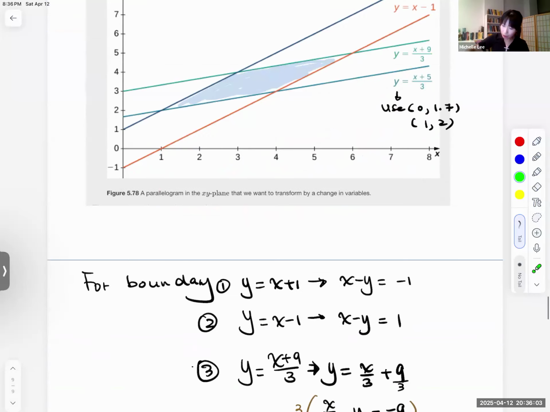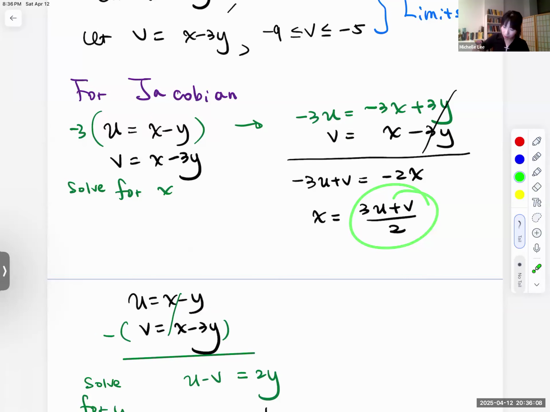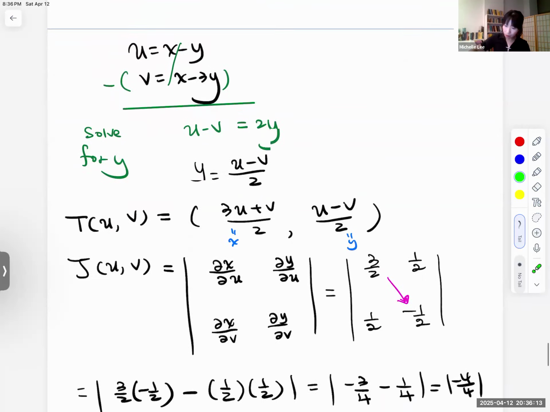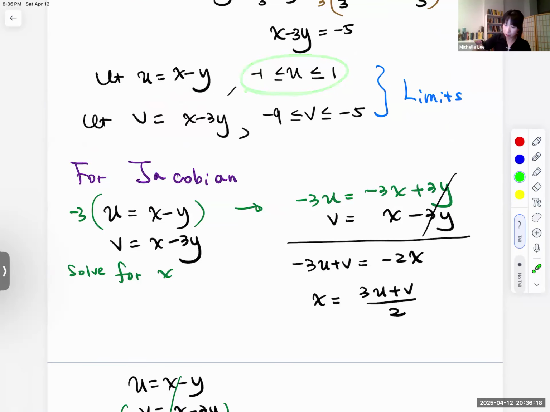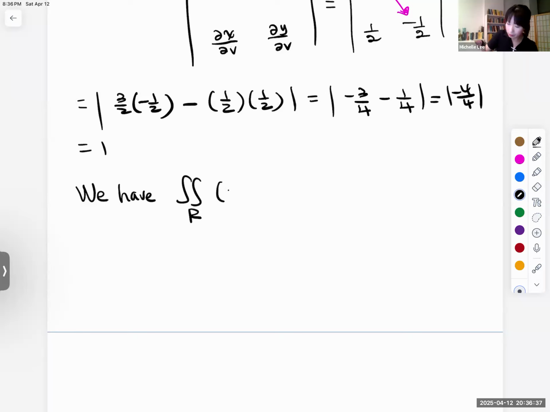So we are using x minus y, and we are using du dv, the limit, negative 1 to positive 1, negative 9 to negative 5. So we did a lot of work, and the integration is much simpler.